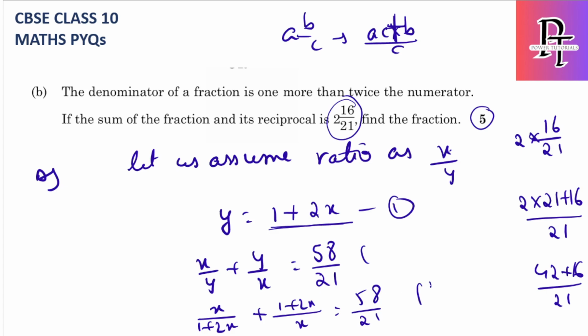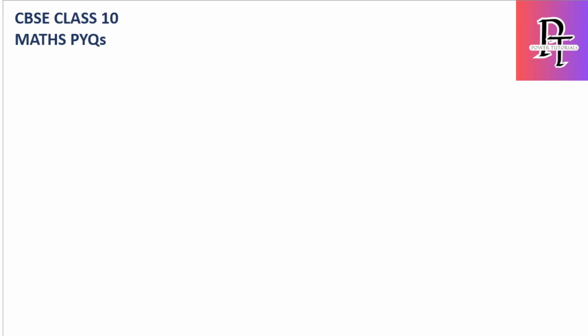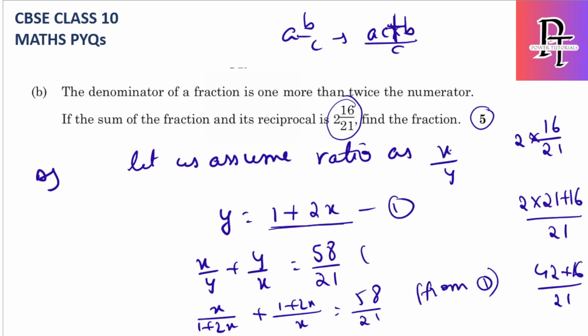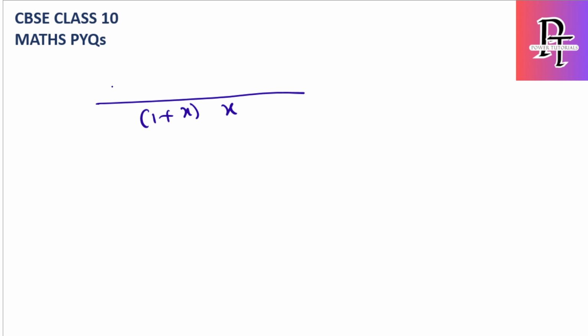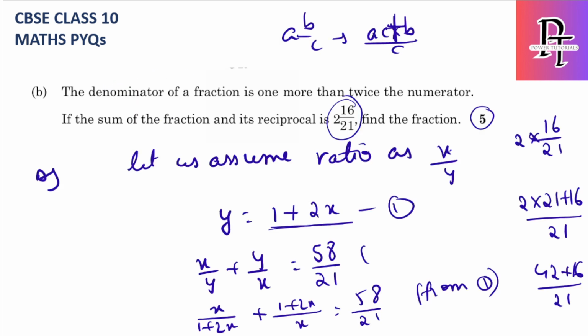So let's take the LCM and cross multiplication. Now this becomes (1 plus 2x) into x, and in numerator it is x into x plus (1 plus 2x) into (1 plus 2x).